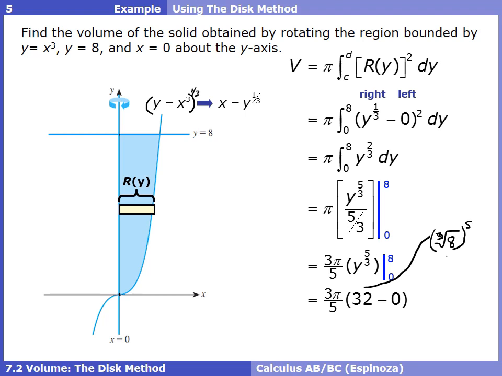And of course the cubic root of 8 is 2. 2 to the 5th power is 32. So you've got to be good with some of that arithmetic without a calculator. But once you do that and multiply, you're going to get 96 pi over 5 as the volume of that shape. Again, you saw earlier in this example.